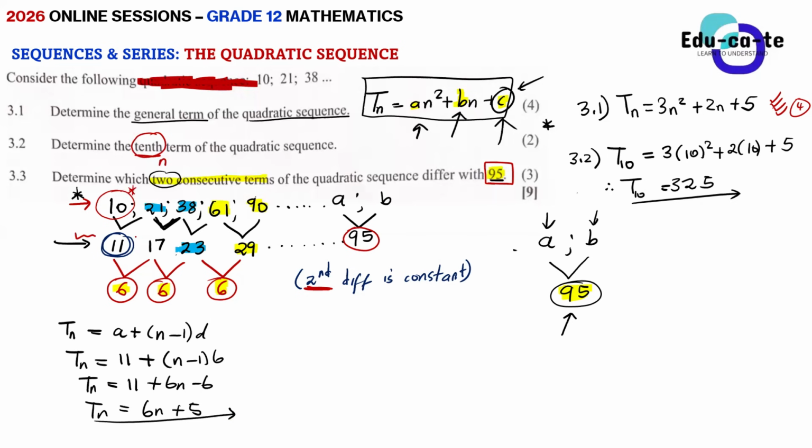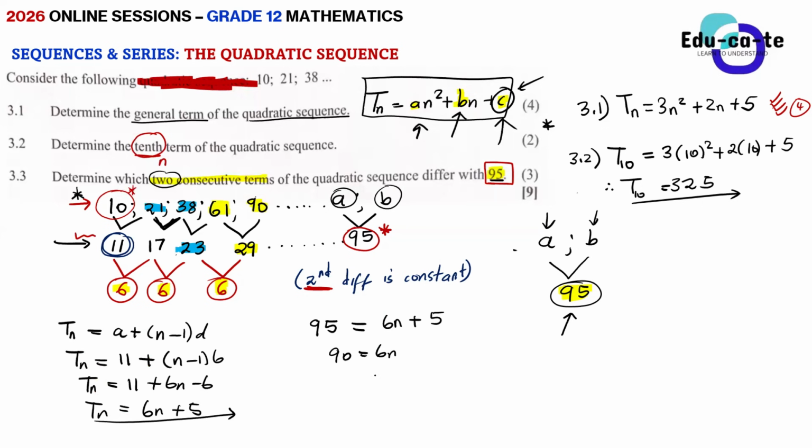So now Bonolo says, let us find where this 95 is. Because we know that it's part of an arithmetic sequence, we can use it as the value of Tn. Where there is Tn, we put 95. 95 is equal to 6n plus 5, because we're trying to locate its position. Its position will definitely help us to find A and B. So 95 minus 5 gives you 90, which is equal to 6n.